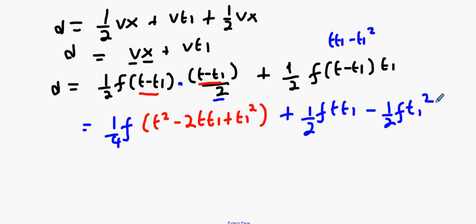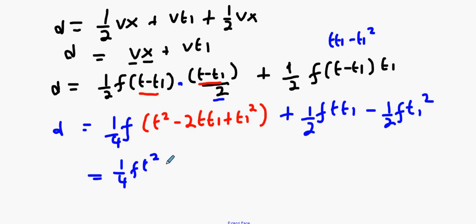Now, and the D is still over there, having a great time away from this mess. Alright, I'm going to multiply out the quarter here. So it's a quarter f t squared.